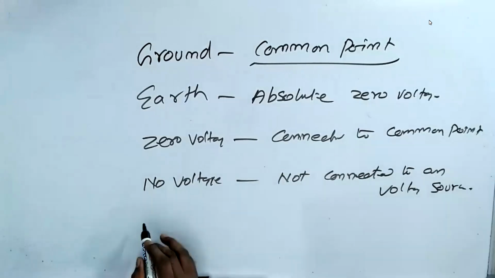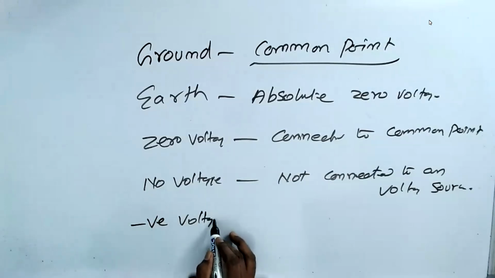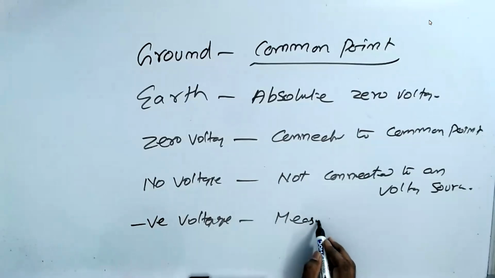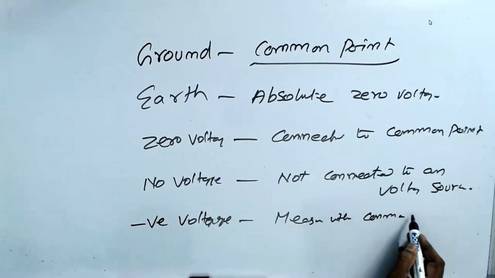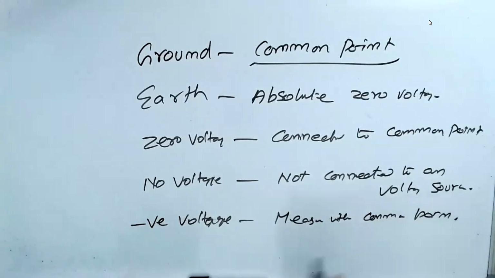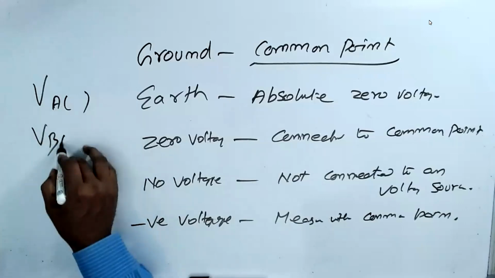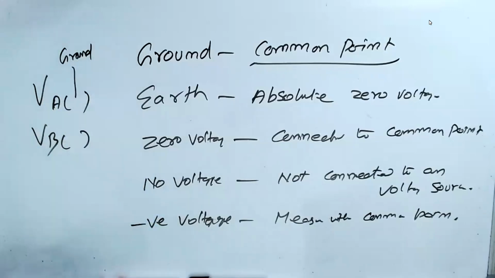Then we have discussed negative voltage, measured with the common point. So if I give a single point, understand always, if I give a single point, VA or VB, the other point is ground or common point.